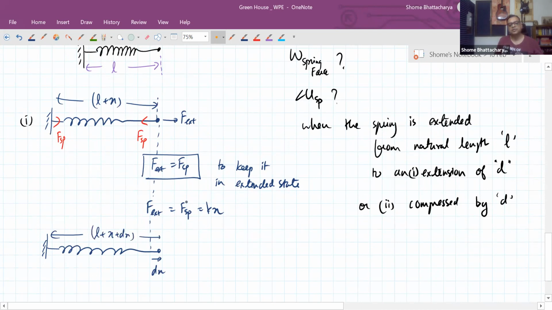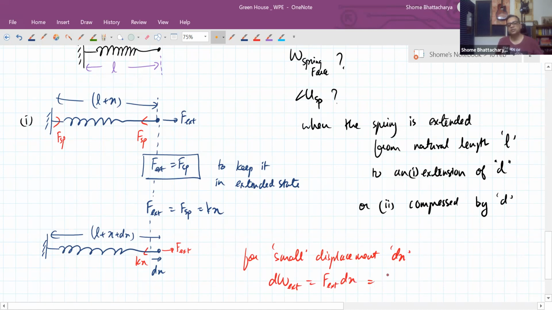So during that small displacement dx, what is the work done by the external agent? For a small displacement dx, the work done by the external agent will be the magnitude of its force into dx. It will do positive work, so that is kx dx.